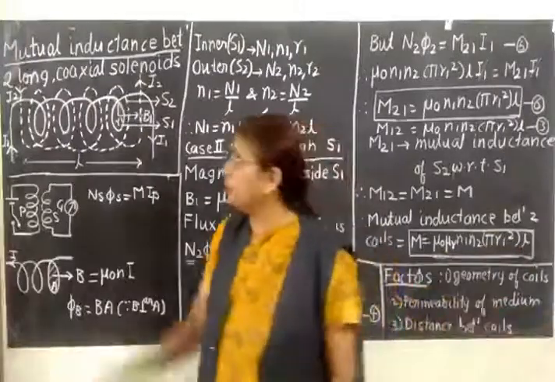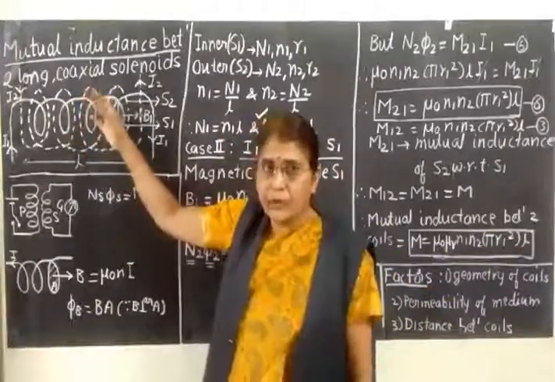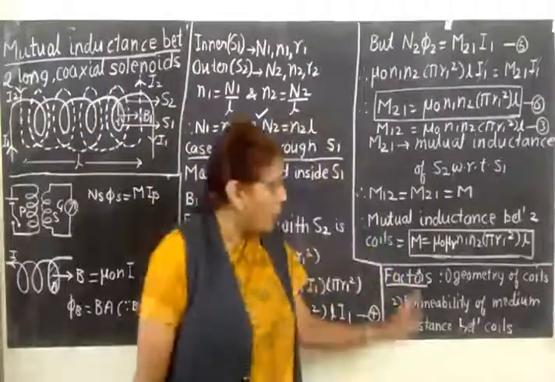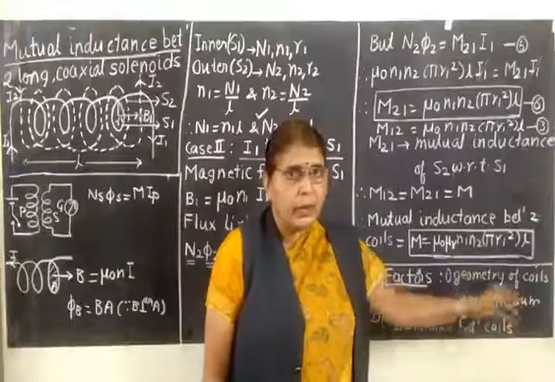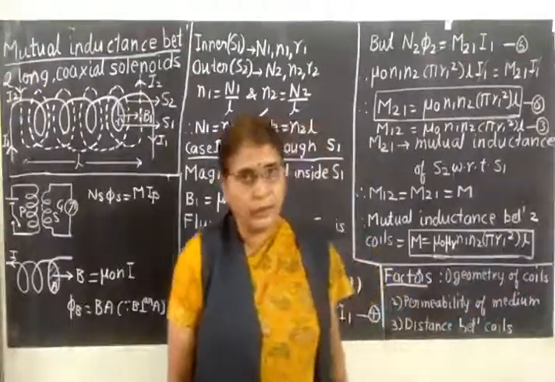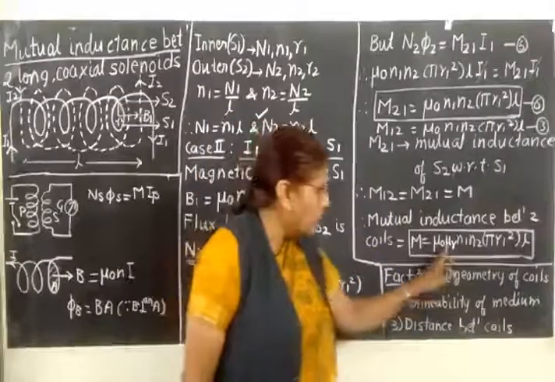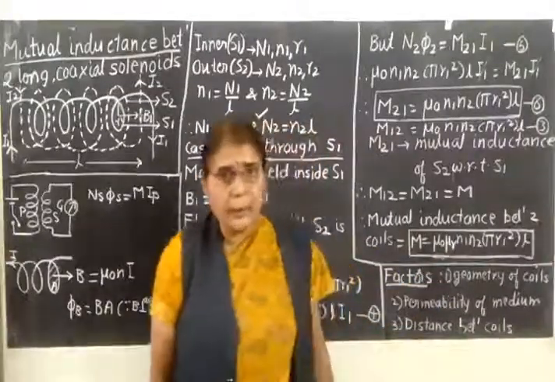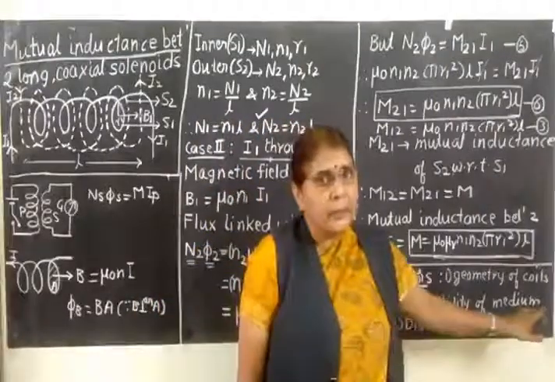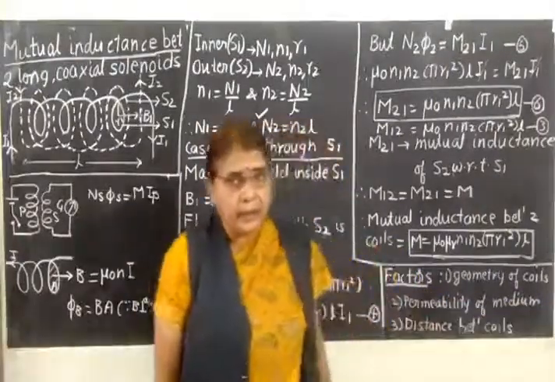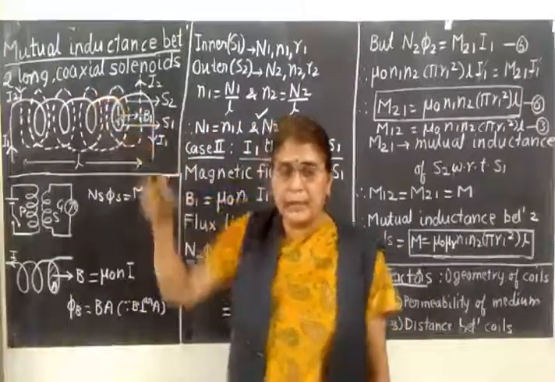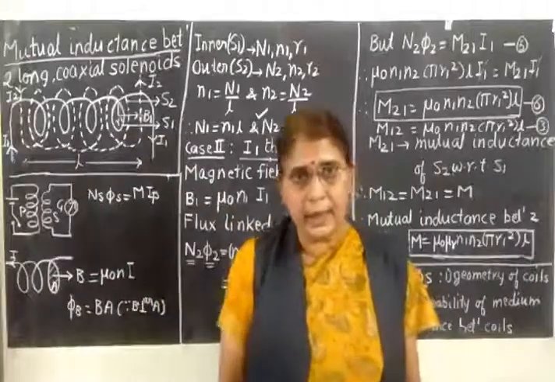All these are the geometry of the coils, so it depends upon the design or geometry of the coils. The second factor is the permeability of the medium, mu r. And the third factor is the distance between the two coils. So these are the factors on which mutual inductance depends.